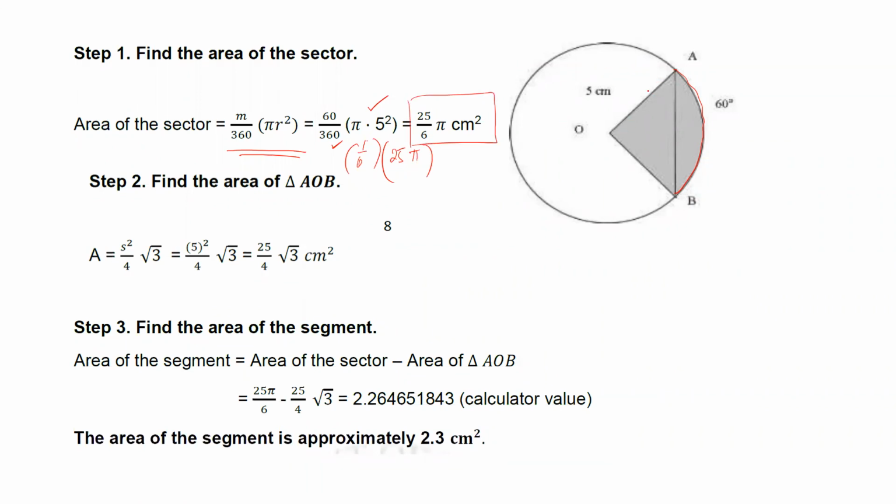Now, let's find the area of the triangle. This triangle is an equilateral triangle. So the formula is S squared over 4, the square root of 3. The S here is the radius. So 5 squared over 4, the square root of 3. 5 squared is 25 over 4, copy the square root of 3.